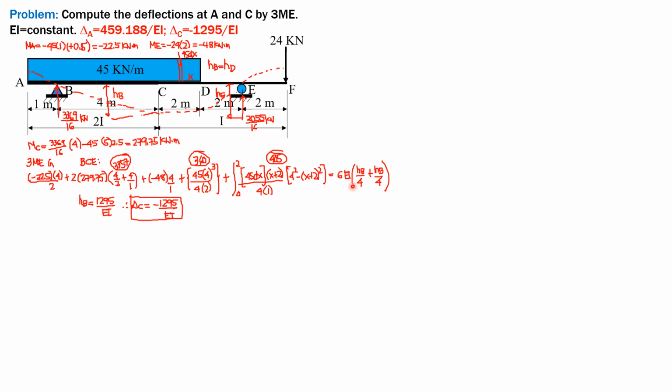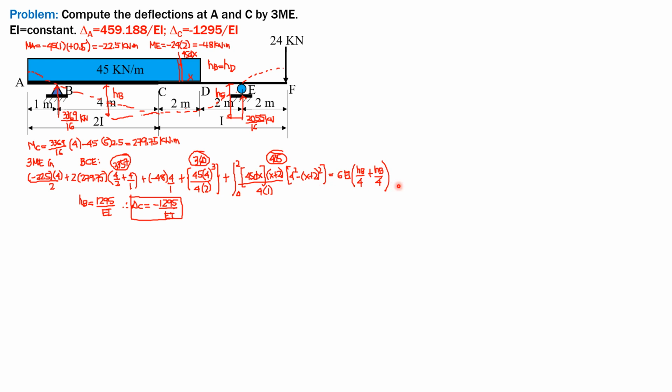Then equals 6EI quantity, the reference horizontal line is through C. Therefore, HB and HE are equal. So HB equals HE, which is simply HB.